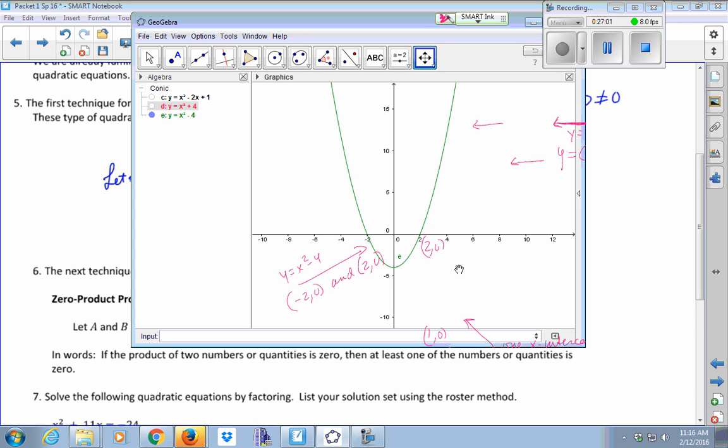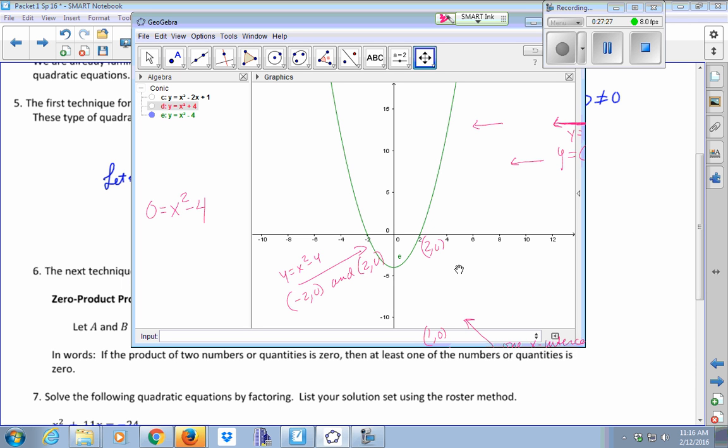When we have an x-intercept, what's the value for y? 0. So what we're actually solving is this equation. We're actually solving that equation for x. So visually, when you solve a quadratic equation that's set equal to 0, you're finding x-intercepts.